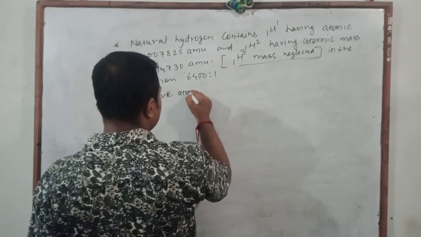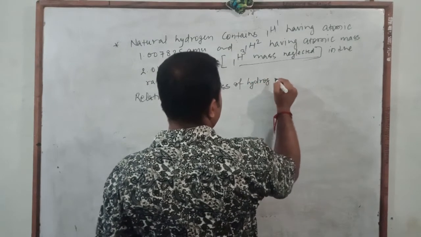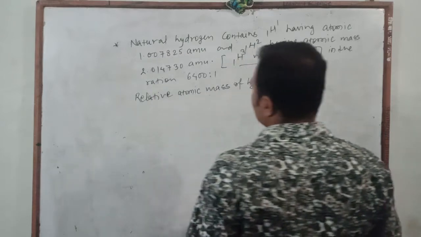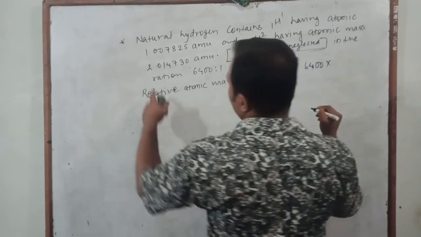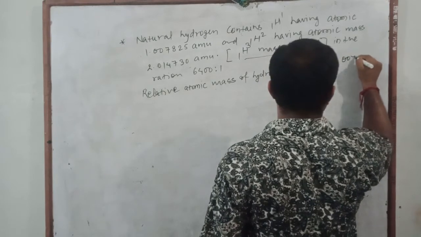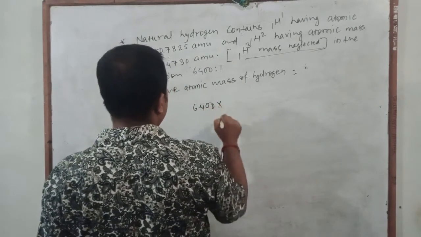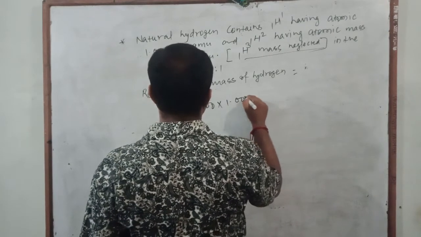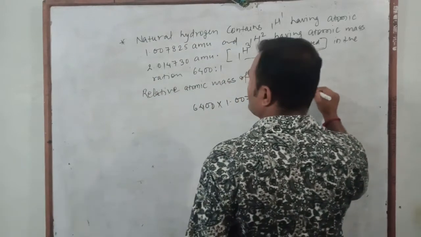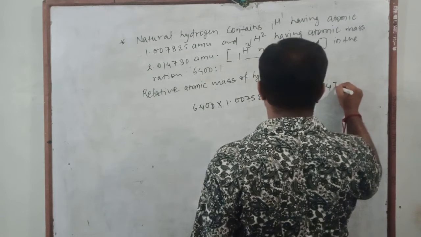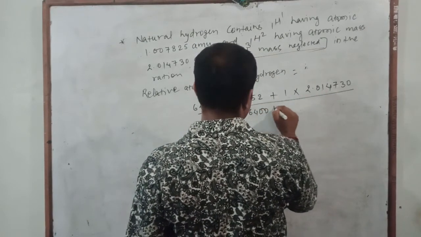The relative atomic mass of hydrogen becomes: the first ratio is 6400 parts of protium, whose mass is 1.00785, plus 1 part of the other isotope, 2.014730, and the sum of the ratio is 6400 plus 1.